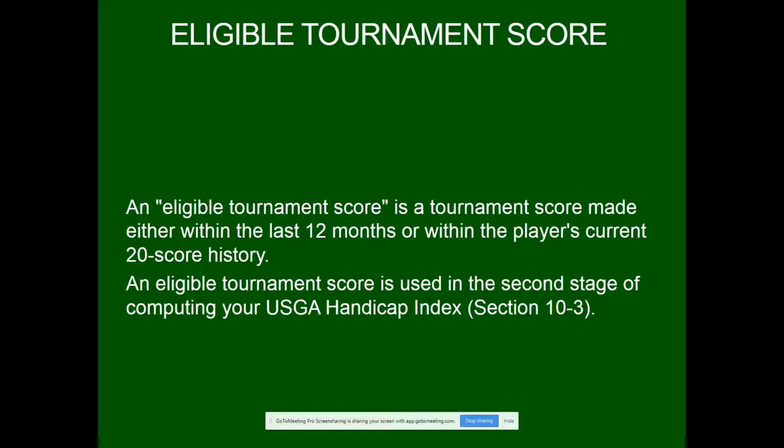But also, if you don't have a lot of scores posted, it very well may be within your last 20. And then when there are eligible tournament scores, that will be transferred to the Section 10-3 calculation, which we'll talk about a little bit later, in order to see if you are eligible for a reduction, and you would see that R on your handicap index, which we will discuss later.